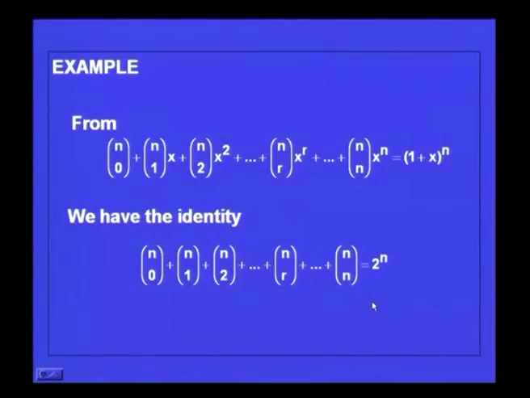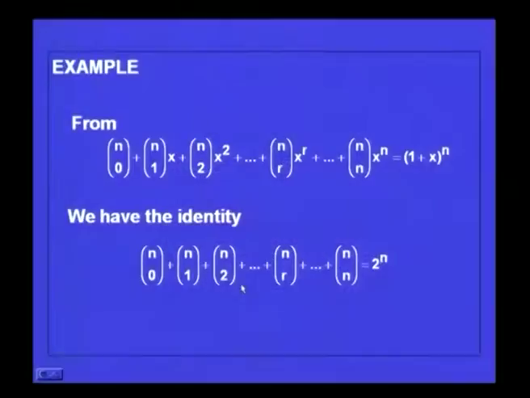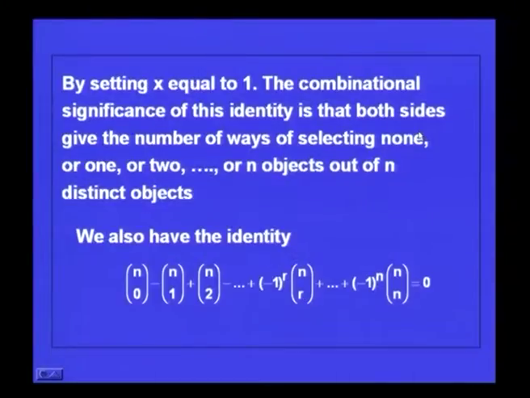So, the number of ways of choosing 0 objects, 1 object, 2 objects or n objects out of n objects, that is the left hand side, is seen to be equal to 2 power n. So, from the combinatorial point of view also we are able to see this, and we can get this from the binomial expression also using the idea of generating function. So, this is what we have seen. By setting x equal to 1, we got that.